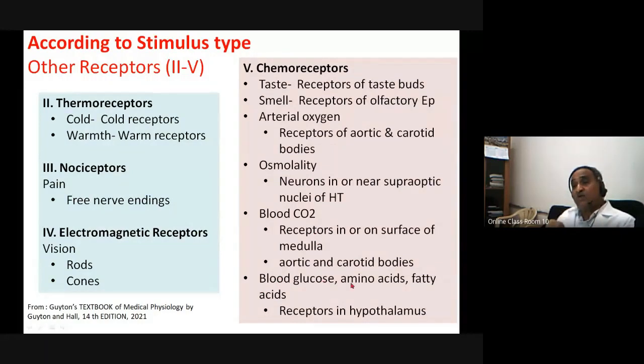Similarly, blood glucose, amino acids, and fatty acids are detected. They are essential for the metabolic homeostatic functions. These receptors are located in the hypothalamus, and some of them are also located in the beta cells. Beta cells detect the glucose level. Accordingly, the insulin secretion from the pancreas is governed.